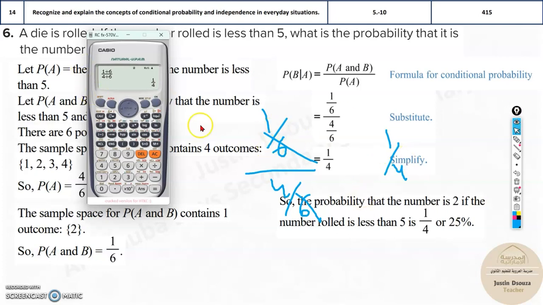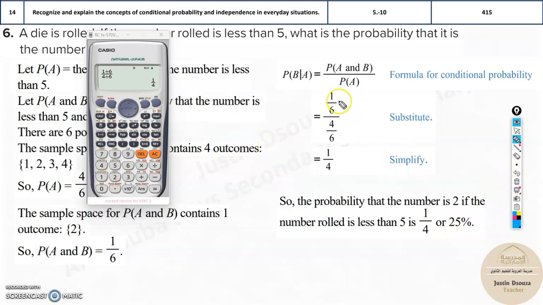Anyway, if you're getting confused, just solve the upper part, numerator, separately, denominator separately. Or you can just see that the denominators cancel off, and you're remaining with the inverse. The 4 will go to the denominator, so it'll be 1 by 4. The answer is 1/4 or 25%.